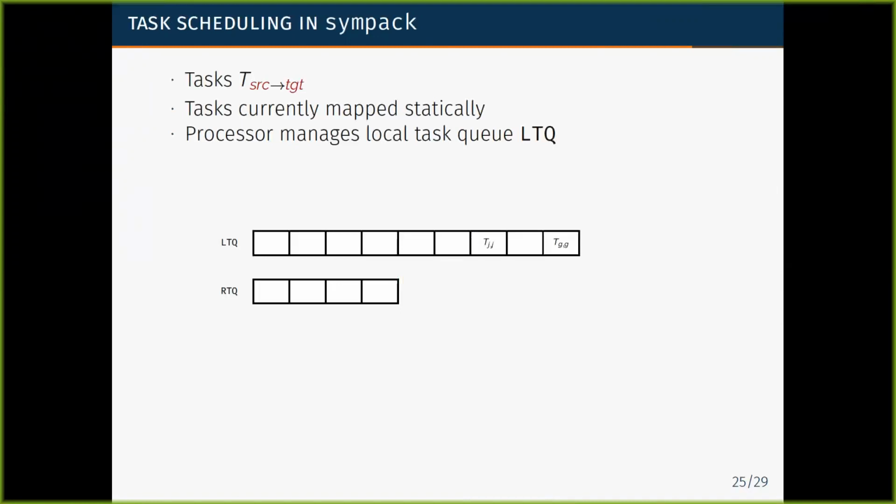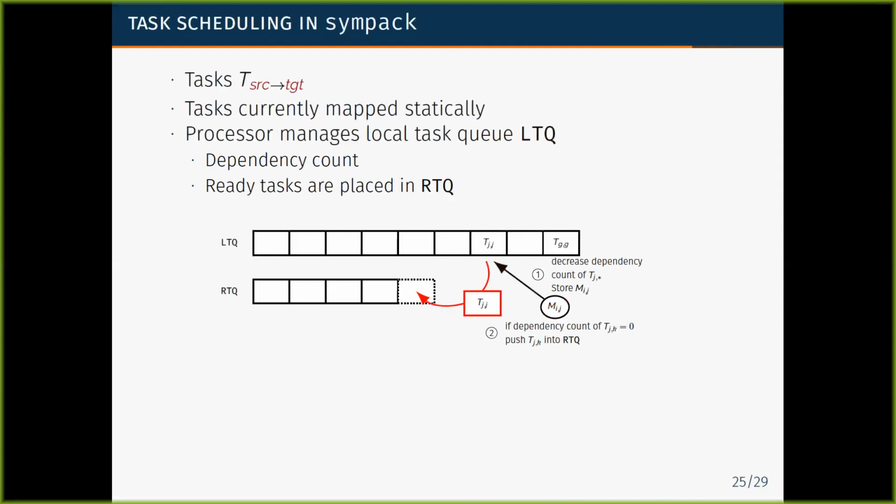So we have a mechanism where we have a local task queue and a ready task queue. The local task queue will contain all the tasks that you're supposed to do. And based on whatever you're receiving, you're going to update dependency counts corresponding to a certain task. Once a task has reached a dependency count of 0, that means that all the incoming dependencies have been satisfied, so you can move that task to the ready task queue.